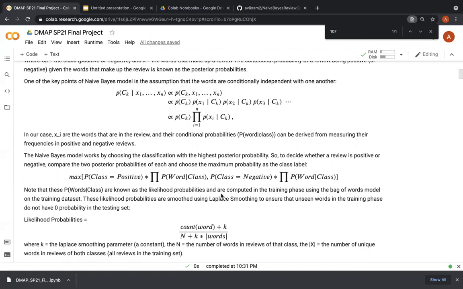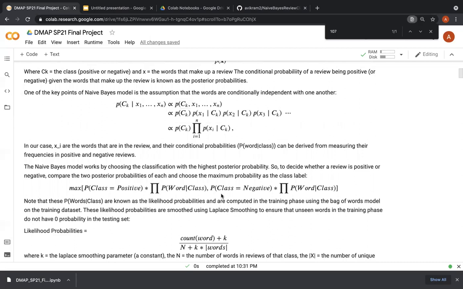As I stated before, in our case, since we have two classes, we have two posterior probabilities. So how do we classify a review as either positive or negative? Well, we take the maximum. It's quite simple, right? We take the maximum of either the positive posterior probability, which is just the positive prior probability times the likelihood probability given the class is positive, or the negative posterior probability, which is the negative prior probability times the likelihood probability given the class is negative.